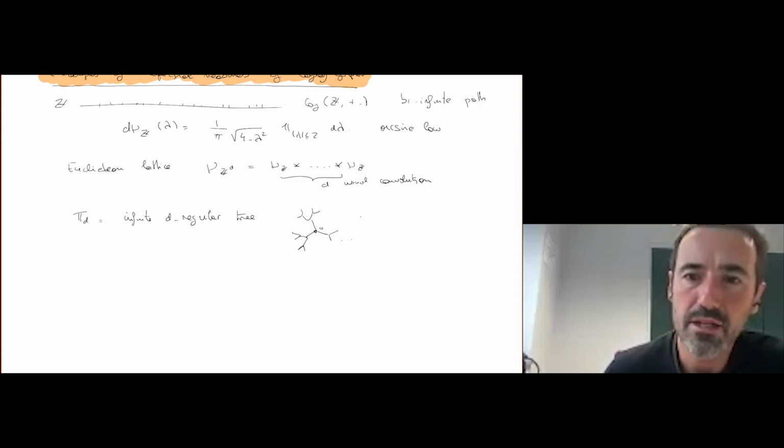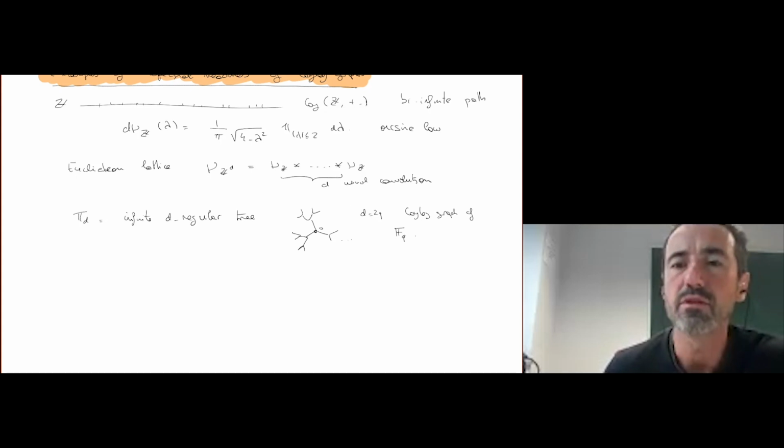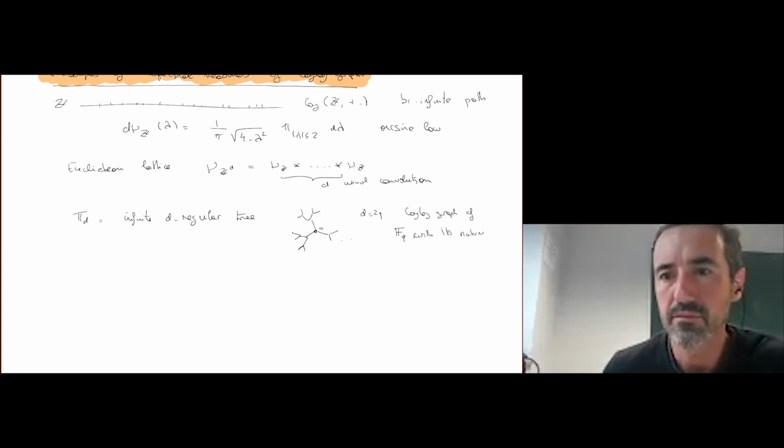So T_d is a Cayley graph. If d is even, d equal to 2q, it is the Cayley graph of the free group F_q with q generators and their inverses, with its natural set of generators. What does it mean?